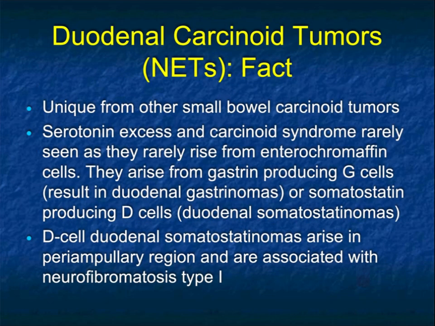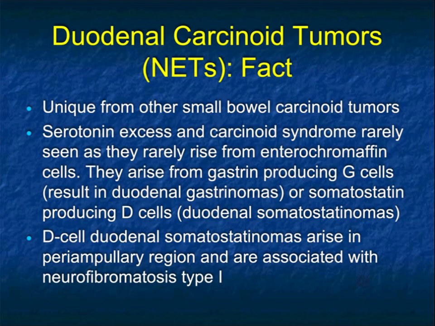Now, if we think about duodenal carcinoid tumors first, they're a little bit different than the typical carcinoid we think about. Serotonin excess and carcinoid syndrome are rarely seen with these tumors. They arise from gastrin-producing G cells or somatostatin-producing D cells.